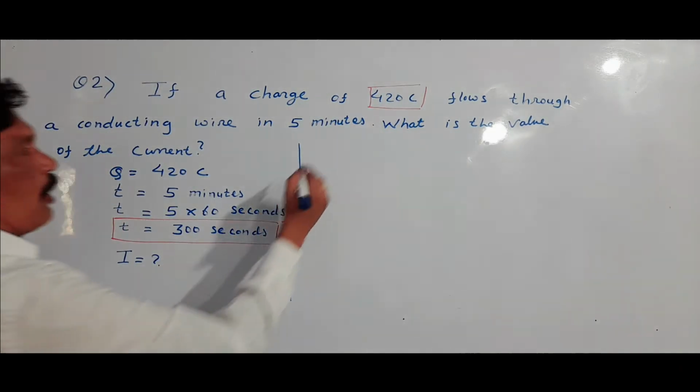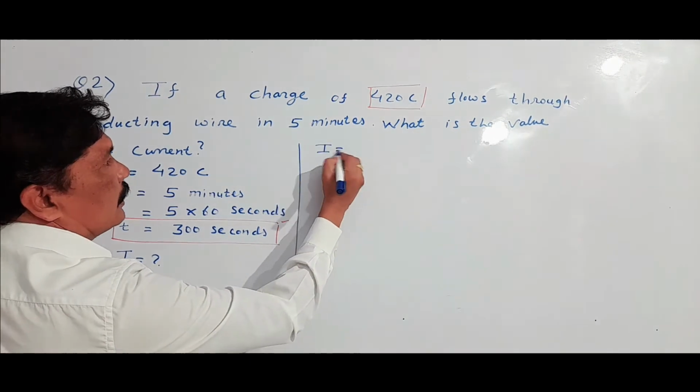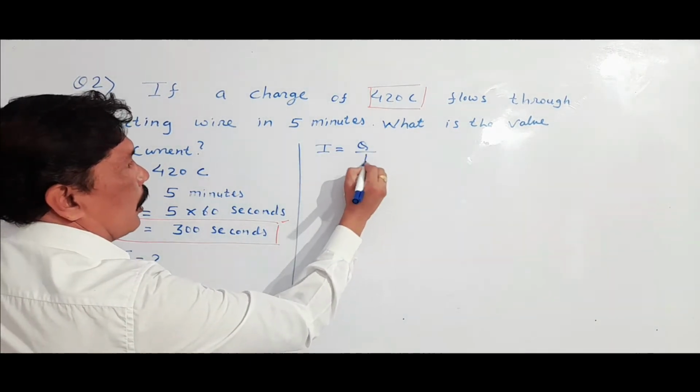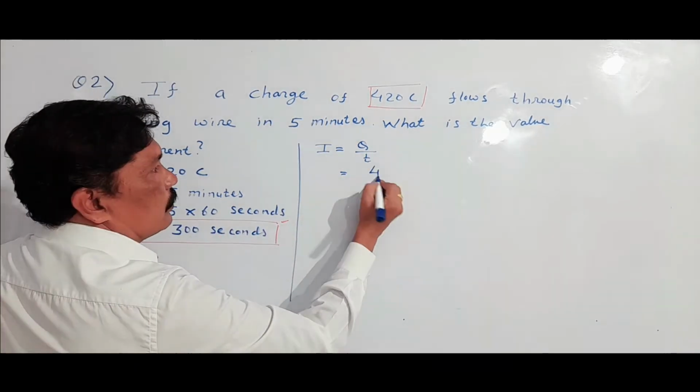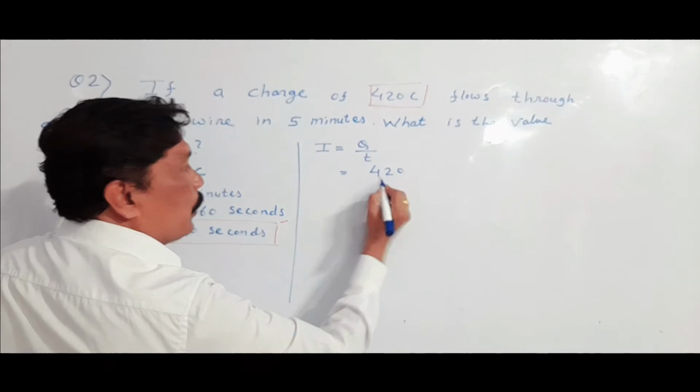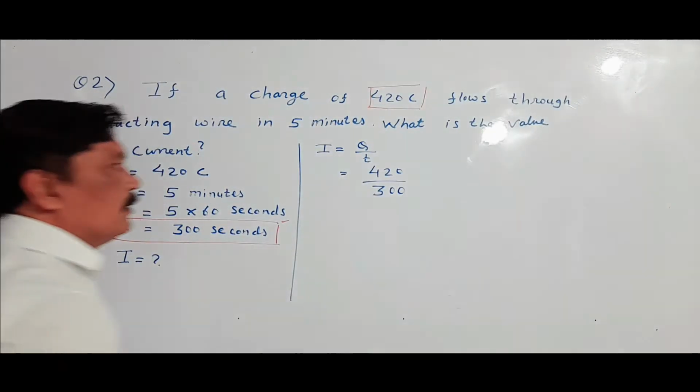We all know the formula. I is equal to Q upon T. Charge is 120 and time is 300 seconds.